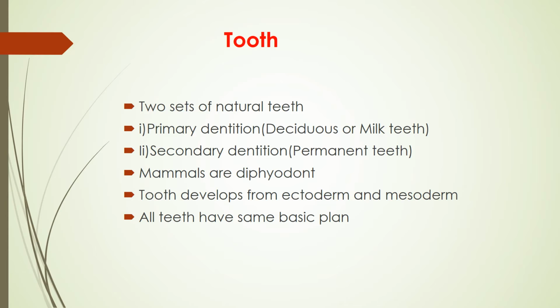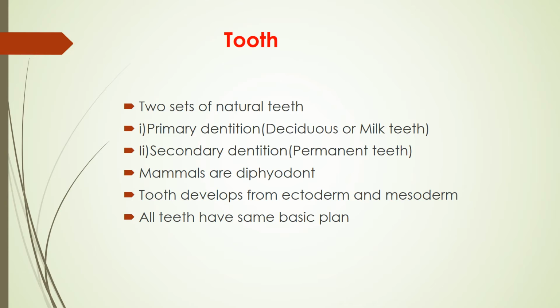Now in mammals there are normally two sets of natural teeth. That is the primary dentition and secondary dentition. Primary dentition is called deciduous or milk teeth, and secondary dentition is the permanent teeth.